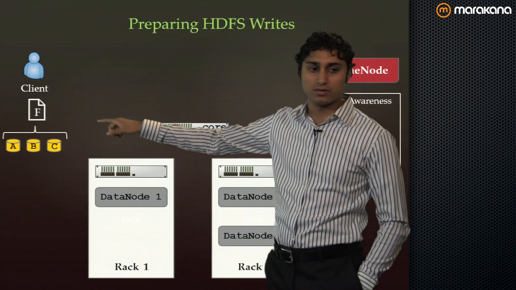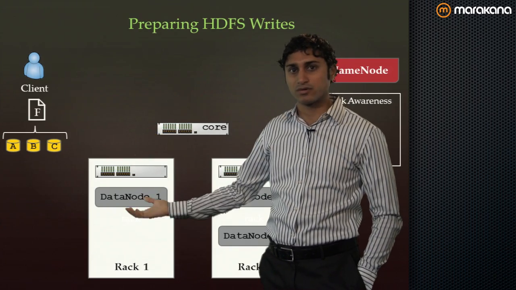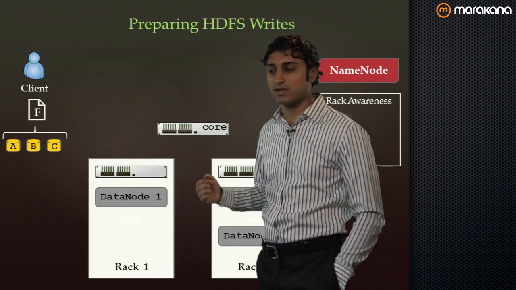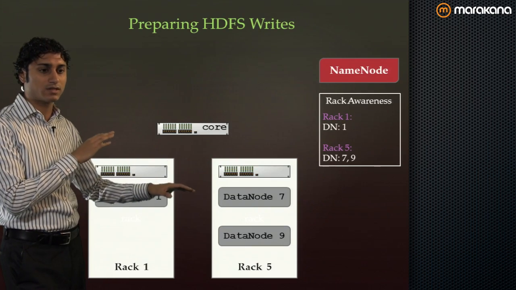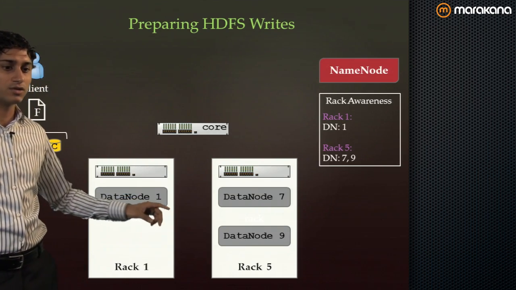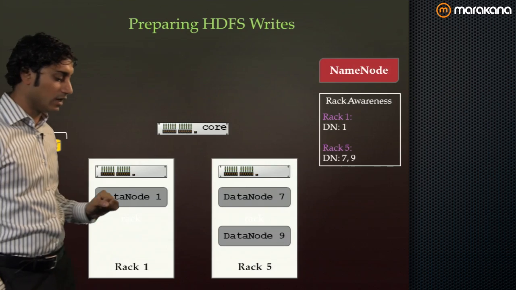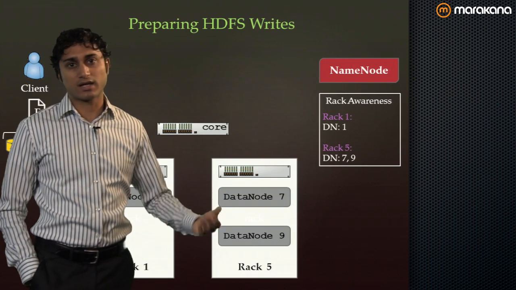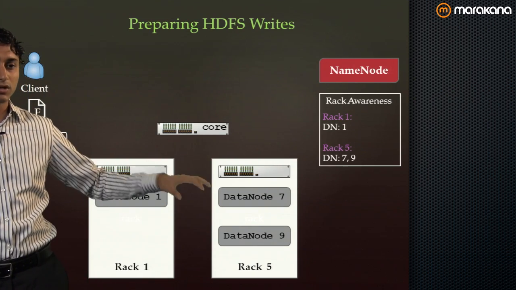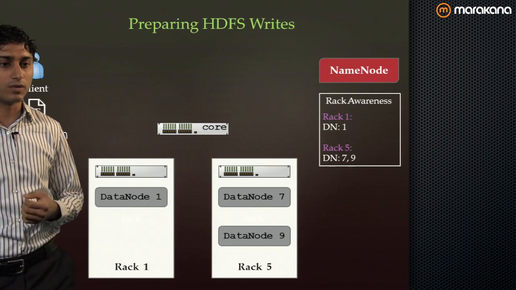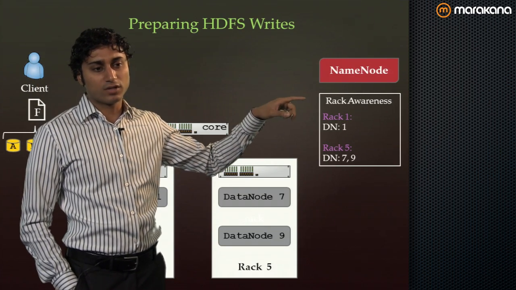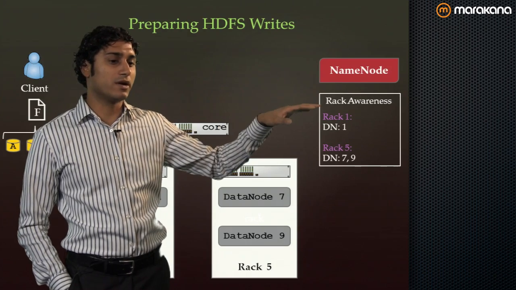The file breaks up into 3 different blocks, A, B, and C. In the cluster, I've removed some of the complexity from the previous slides, so we're only seeing 3 data nodes and 2 racks. However, keep in mind that each rack does have more data nodes, and this is a bigger cluster, but I've removed all of the actors that will not play a role in the write we're going to do for this file. And I've also moved the NameNode out of the cluster.